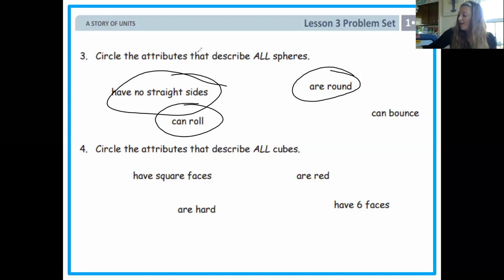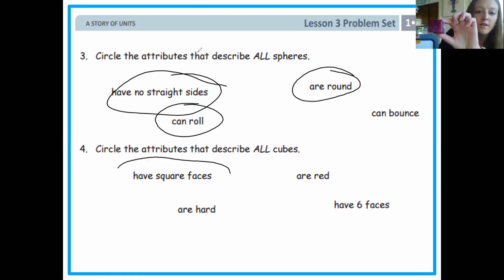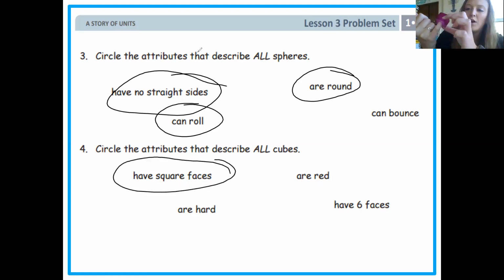All right. Now, number 4 says circle all the attributes that describe all cubes. So here's a cube. Well, I remember, oh wait, all of my faces are square, right? Every single one of these was a square. Well, do all squares have to be hard? Remember our dice in the classroom, things like that? They're foam and they're squishy.